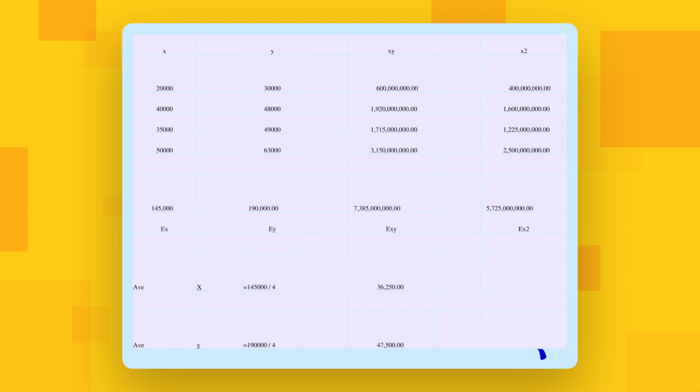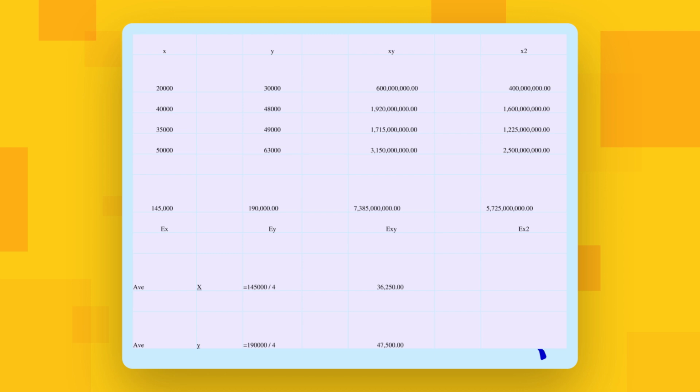Next one. How about in terms of X squared? Meaning to say, your X of 20,000, 40,000, 35,000, 50,000, just multiply each by itself. So 20,000 times 20,000, 40,000 times 40,000, 35,000 times 35,000, 50,000 times 50,000.